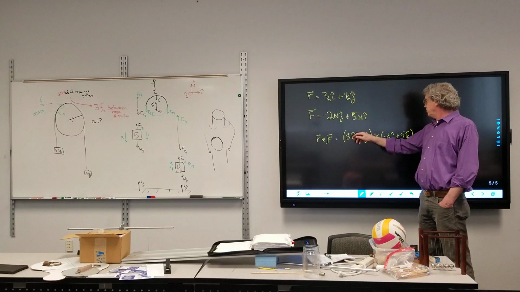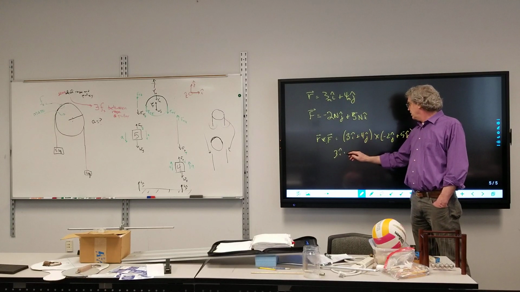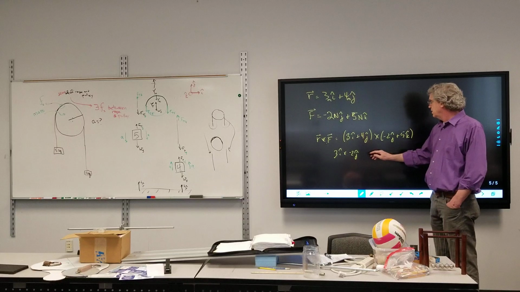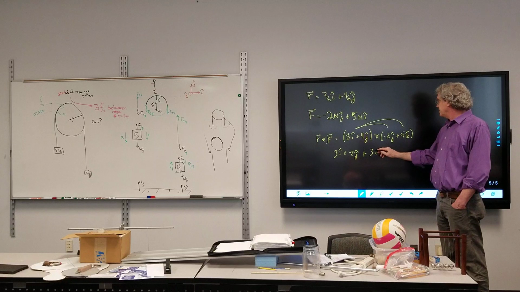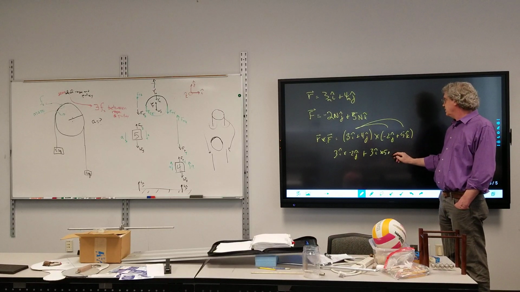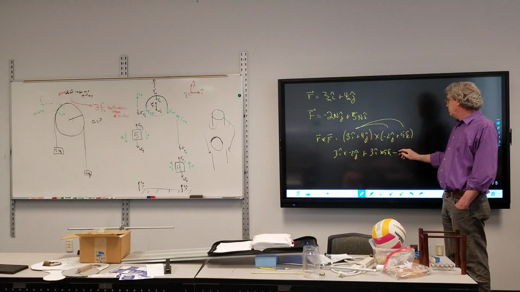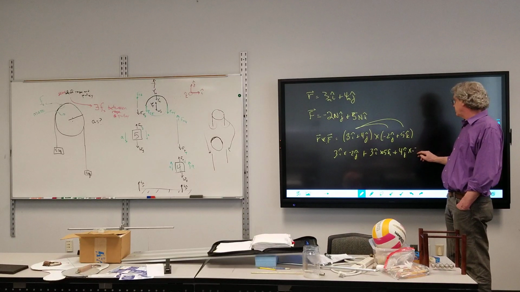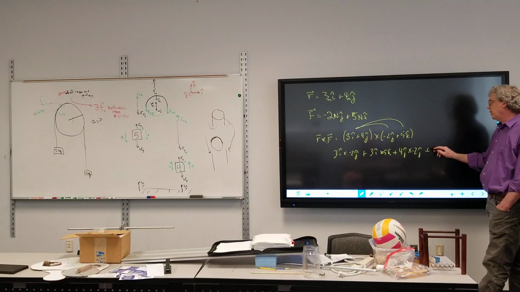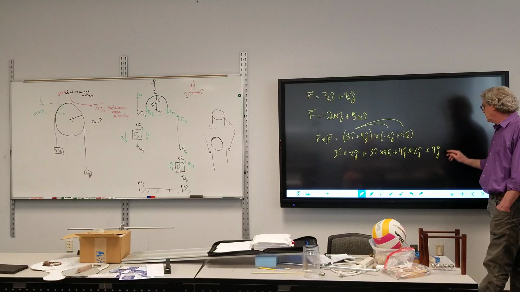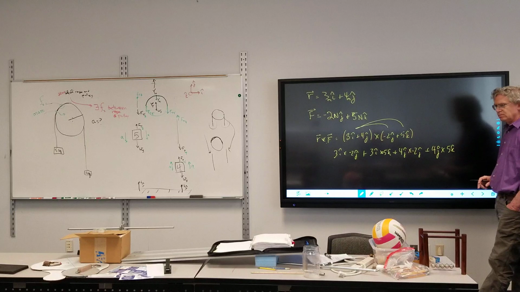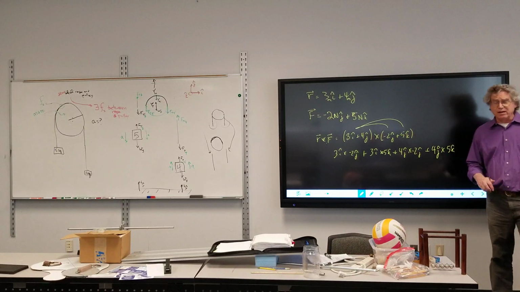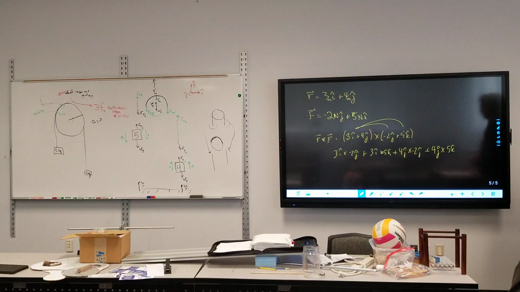So if I do first, this becomes 3 I hat cross -2 J hat, plus, so that's first, outer, 3 I hat cross 5 K hat, inner plus 4 J hat cross -2 J hat, plus last, 4 J hat cross 5 K hat. I've broken it down, I'm now doing cross products between perpendicular vectors.